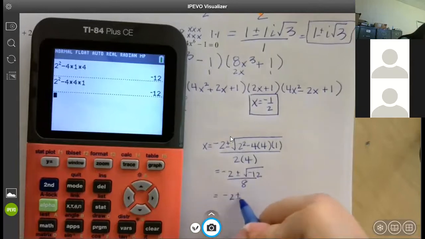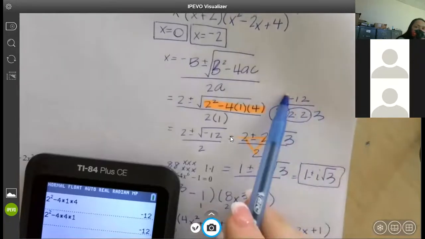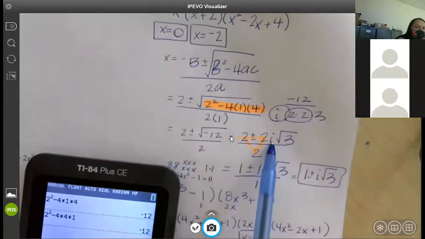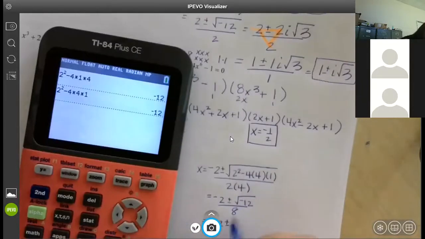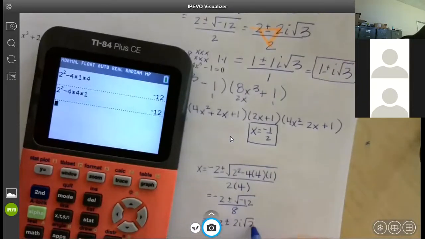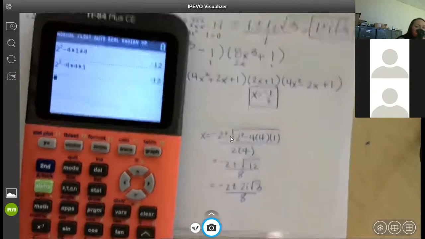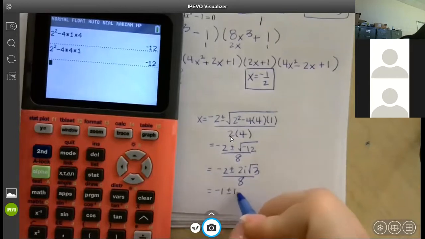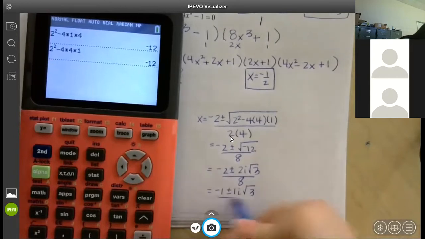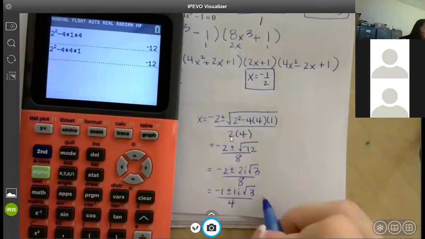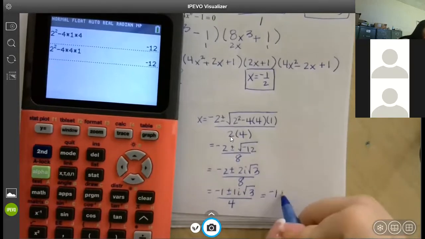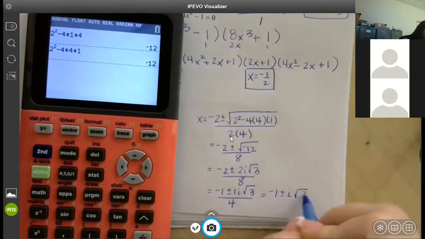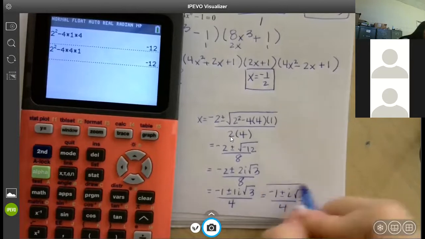We got from the top up here, negative 12 right here when we broke it down, was 2i square root 3 over 8, which reduces to -1 plus or minus 1i square root 3 over 4, or -1 plus or minus just i square root of 3 over 4.